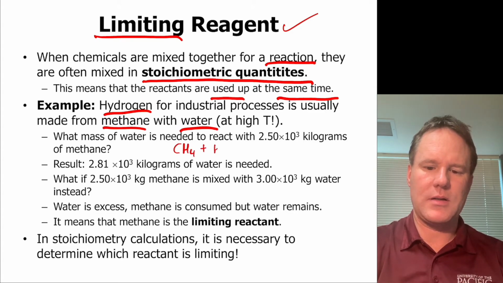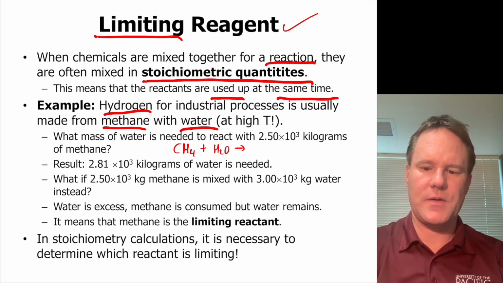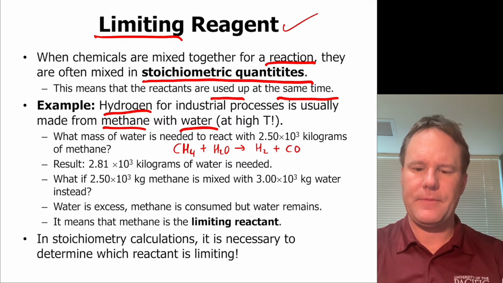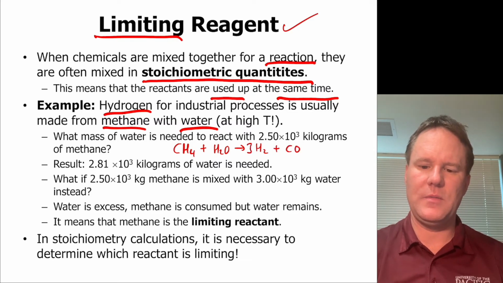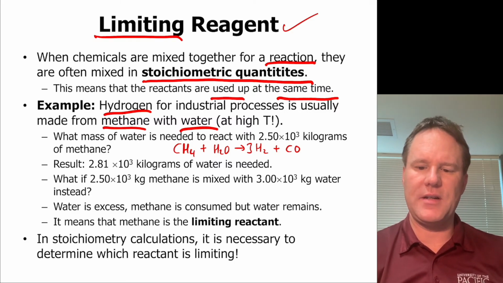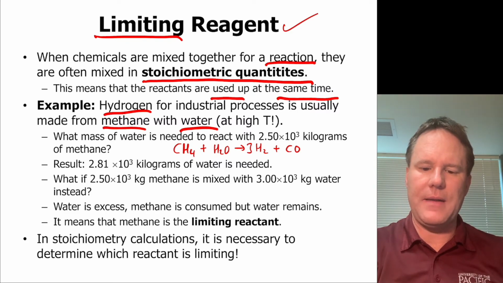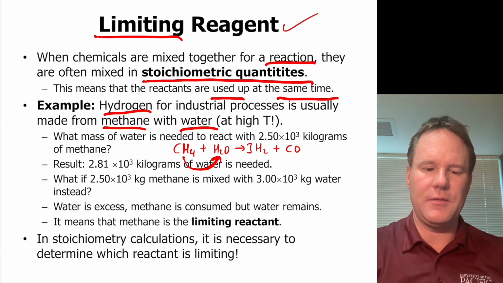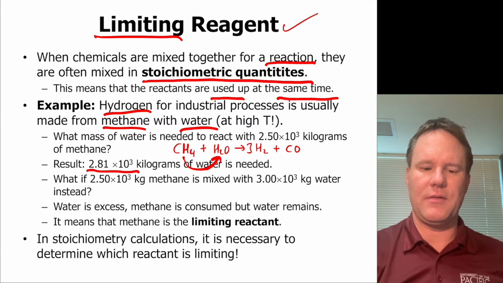CH4 plus water goes to hydrogen gas plus carbon monoxide, and then to balance it we need this. So if I want to get how much water is needed to react with this many kilograms of methane, then you take the grams, convert to moles, convert to moles of this, convert to grams, and you would realize that this many kilograms of water is needed.